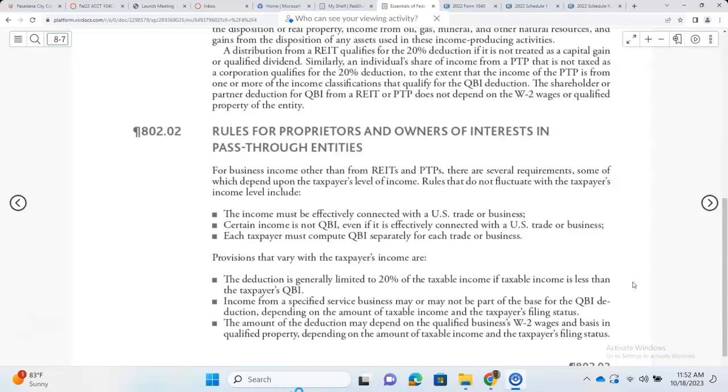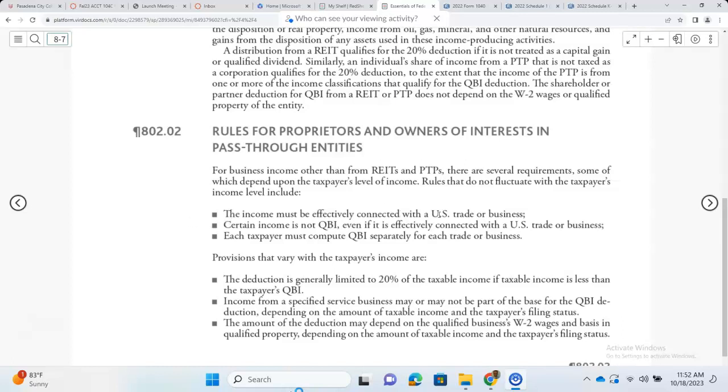Okay, so for QBI or Schedule C, you will have some 20% income reduction possibility.